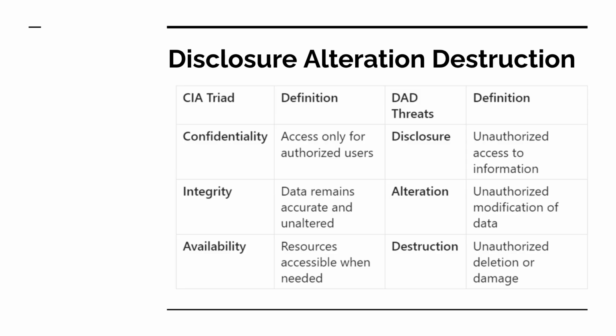DAD (disclosure, alteration, destruction) represents the opposite of the CIA Triad (confidentiality, integrity, and availability). Disclosure refers to unauthorized access to information. Alteration involves unauthorized modifications, and destruction is the unauthorized deletion or damage of data. DAD is useful because it helps security professionals understand the potential threats to the system and data.